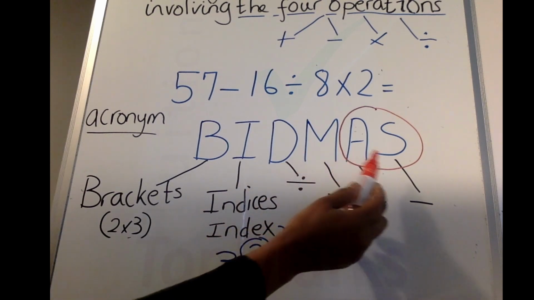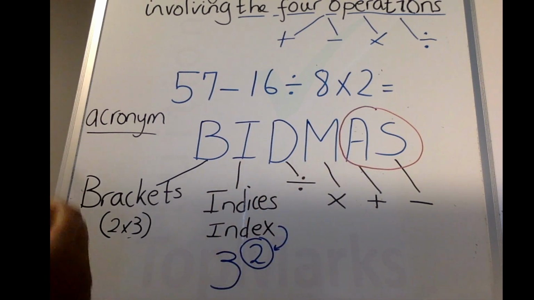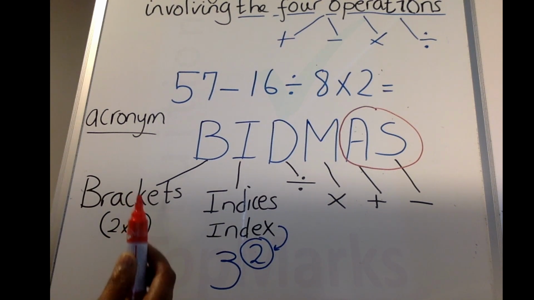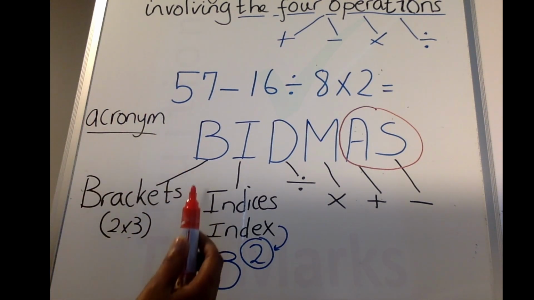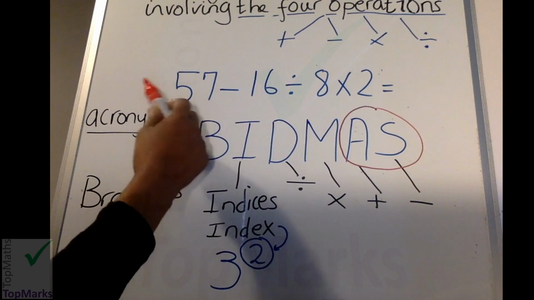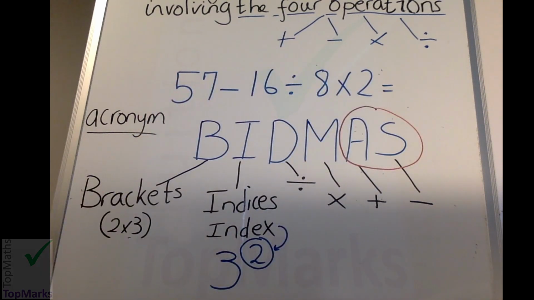So the addition and subtraction carry equal weighting. They are of equal importance, and you simply do them according to which calculation appears first in that greater calculation.